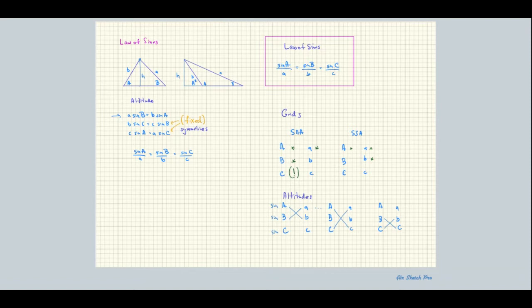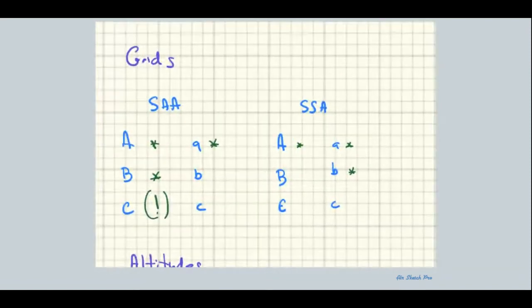Okay, and again, these are the cases. This one is the one where you have two opposing sides. If you have an opposing pair, a side and an angle, the third piece of information that's missing is either going to be another angle, in which case you'll have all three angles, because the angles add up to 180, and so there's no chance for an ambiguous case.